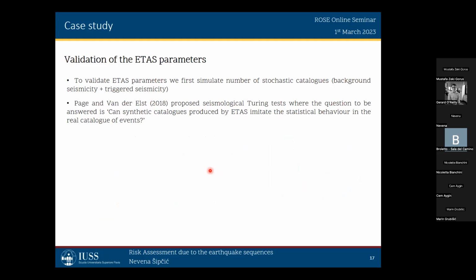To validate the ETAS parameters, we simulated 500 stochastic catalogs ranging from 1981 to 2020, because that is the span of our catalog. We first simulate the background seismicity, and then we add the triggered seismicity using the calibrated ETAS parameters. We used the seismological Turing-style tests that were proposed by Page from USGS, and we wanted to answer the question: can the synthetic catalogs that we produce with ETAS imitate the behavior that we see in the real catalog of events?